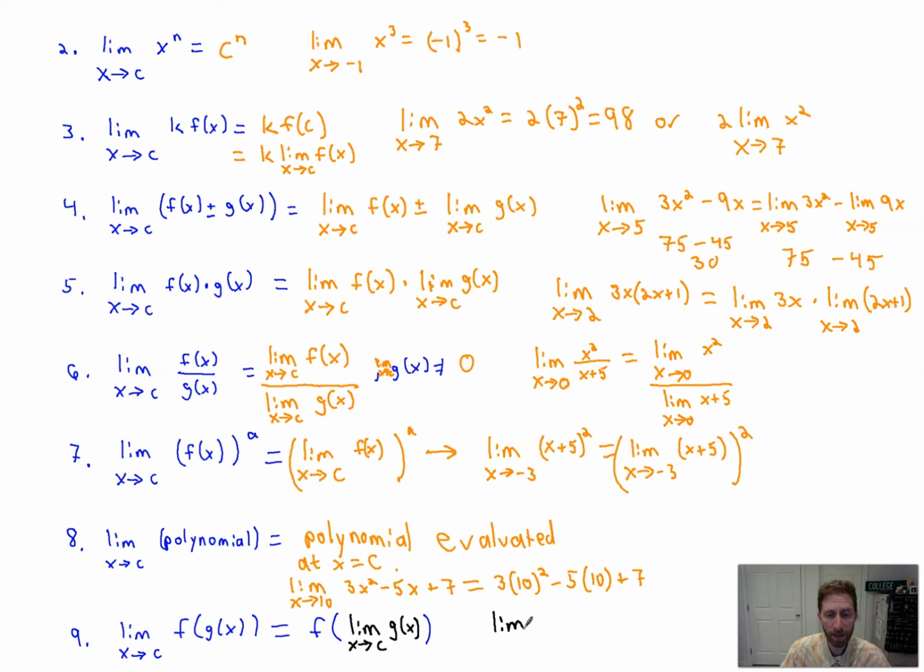So if you've got the limit as x goes to 5 of the square root of x squared plus 3, that's going to be the same as the limit as x goes to 5 of x squared plus 3, that's the inner function, and then you're going to take the square root of the whole thing. It's a lot like this property right here. So you do the inner limit and then take the actual composed function of that.